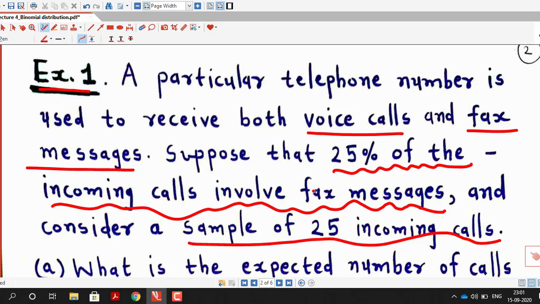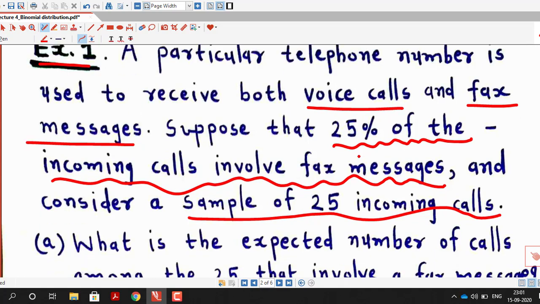That means the probability of a telephone call involving a fax message is 25%, that is 0.25, and we have a sample of 25 incoming calls.